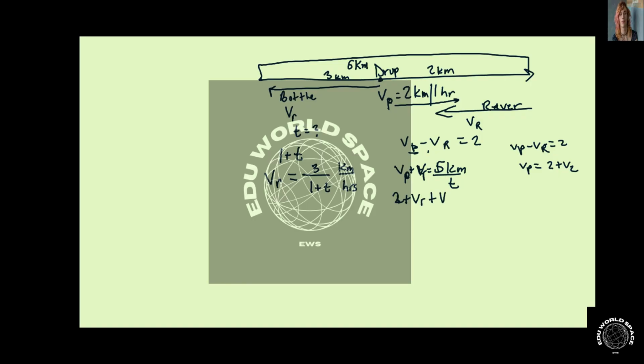And then we have plus our other VR equal to 5 over T, which we can simplify to 2 plus 2 VR equal to 5 over T. And I can solve this for T.